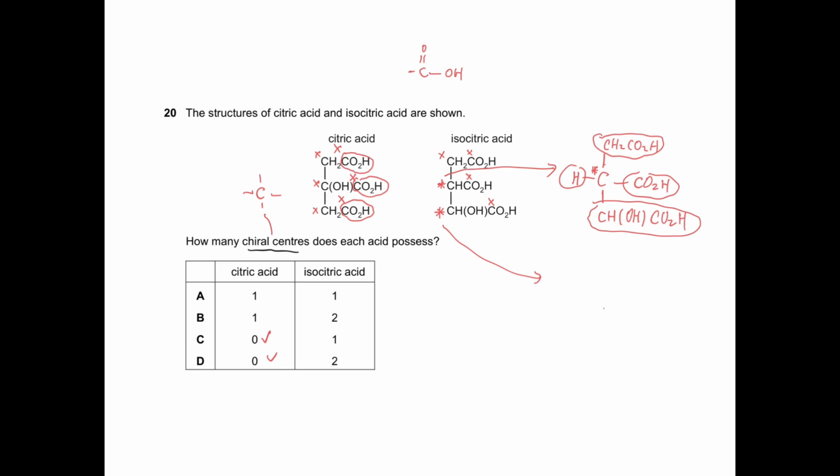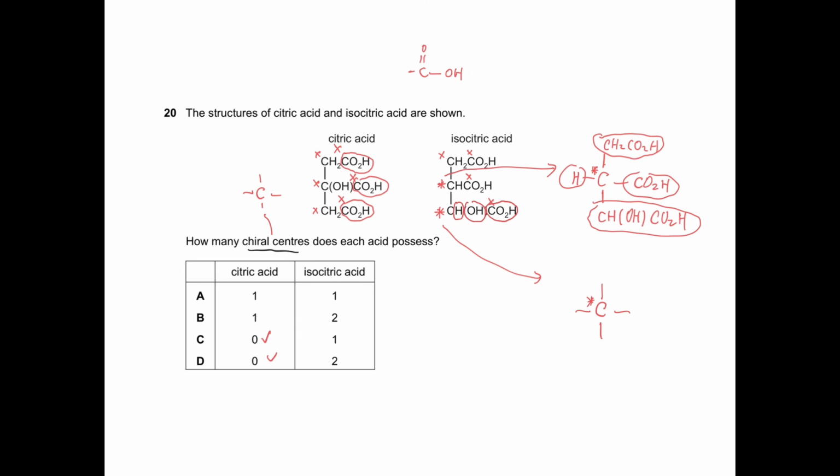So let's say I put this carbon at the center. Now let's work out the 4 different groups that it takes. So first, as you can see, I circle it in red, so you can see there is a hydrogen there. And then there is an OH, there is a CO2H.